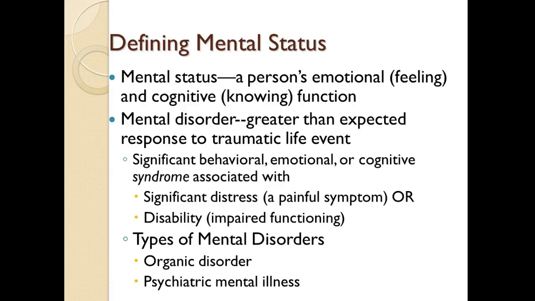And then the other type is psychiatric mental illness, where we don't have the exact cause. We know some of the things that occur in mental illness in terms of changes in the brain and brain chemistry, but we can't pinpoint the specific cause like we can with an organic disorder.